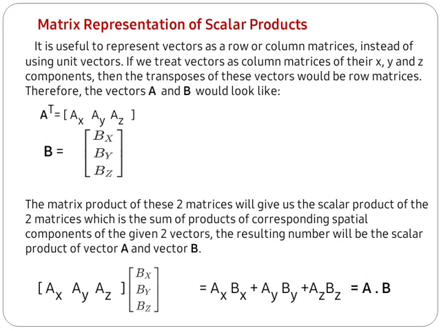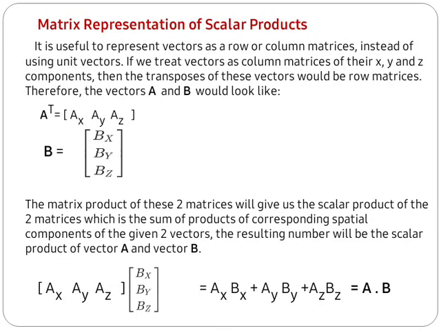If you treat vectors as column matrices of their x, y and z components, then the transposes of these vectors would be row matrices. Therefore, the vectors A and B would look like A transpose is equal to matrix Ax, Ay, Az and B is equal to matrix Bx, By, Bz.